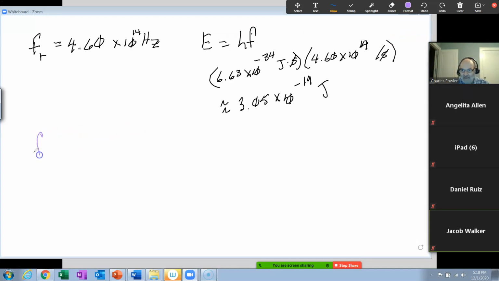So f sub v, can y'all see that? The frequency of violet light is 7.30 times 10 to the 14 hertz, or per second, which is a better way to write it when you're using it. So it's the same formula.